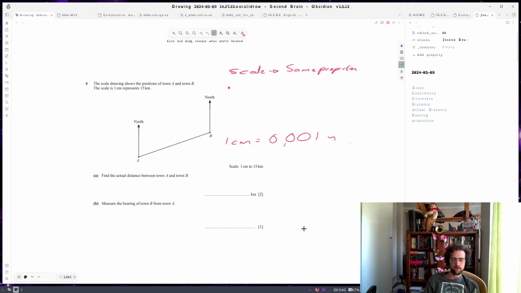Let's explore it. If I have 1 centimeter, that's just a centimeter. If I have 10 centimeters, what is that?